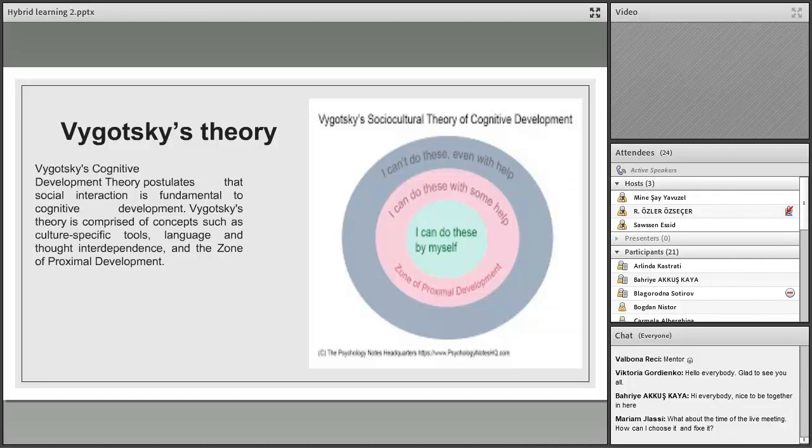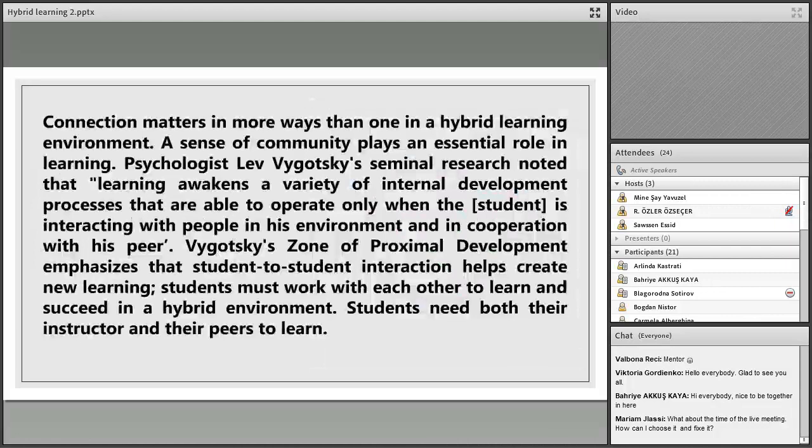It moves from "I can't do this even with help" to "I can do this by myself." And when the student says, "I can do this by myself," this means that the student is fully autonomous and independent. So this is also what Vygotsky said: learning awakens a variety of development processes that are able to operate only when the student is interacting with people.